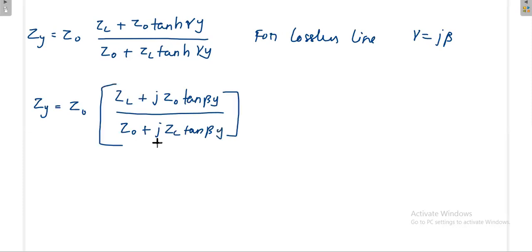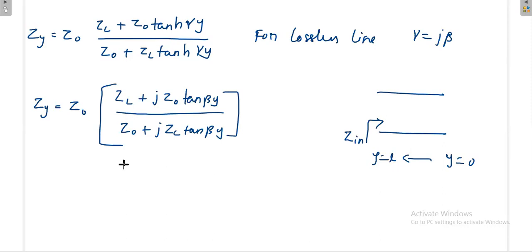If y is equal to L, say for example, this is your transmission line, this is y equal to 0, then if you move in this direction, this is y equal to L. If y is equal to L, you are exactly at the source end, then your impedance is called the input impedance.